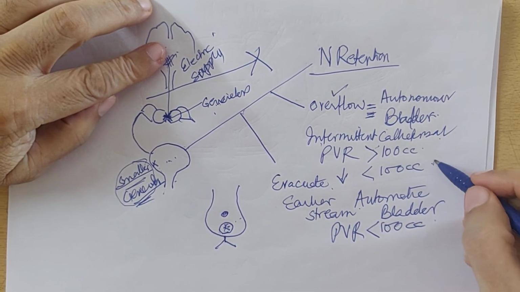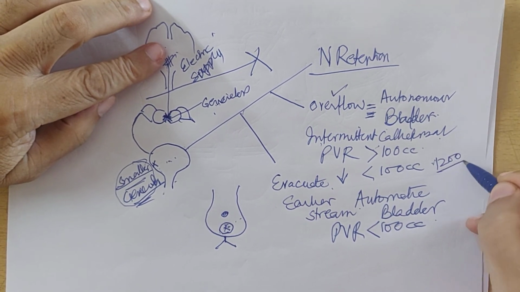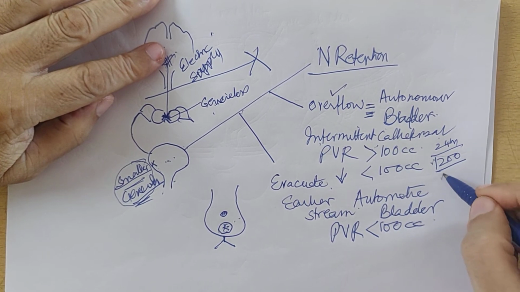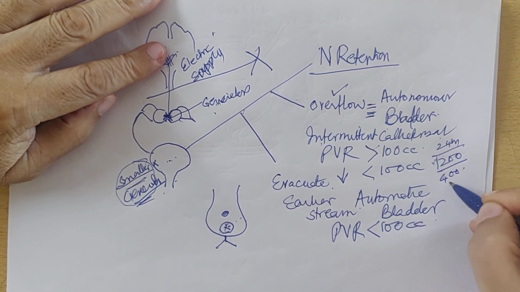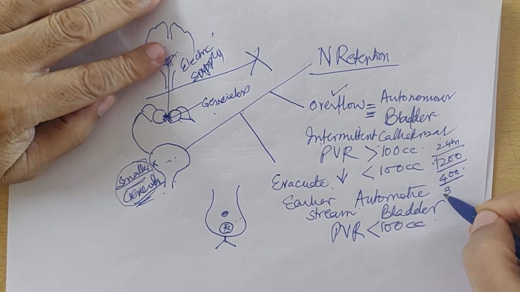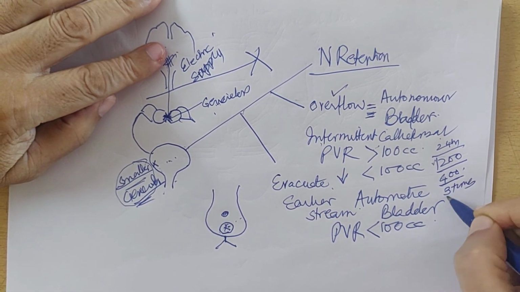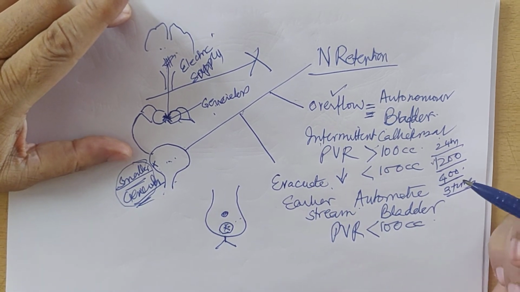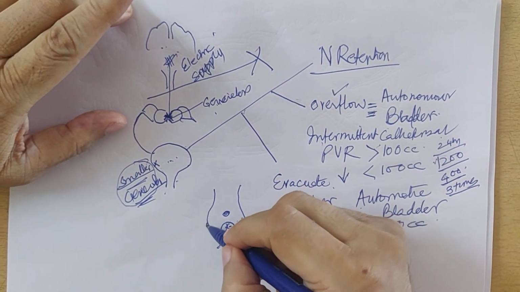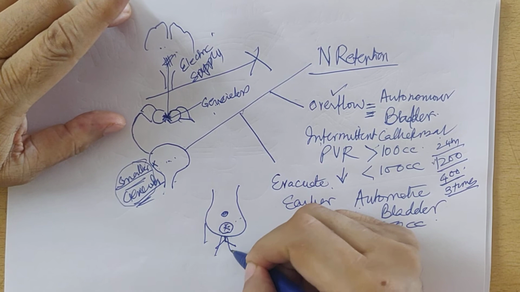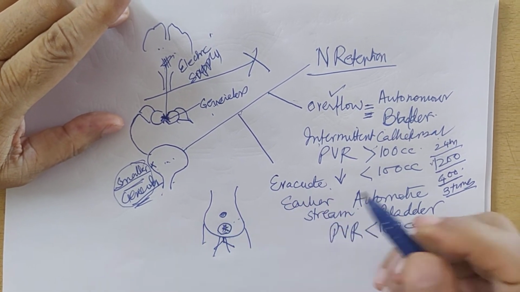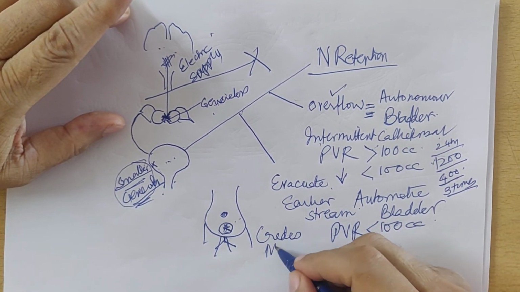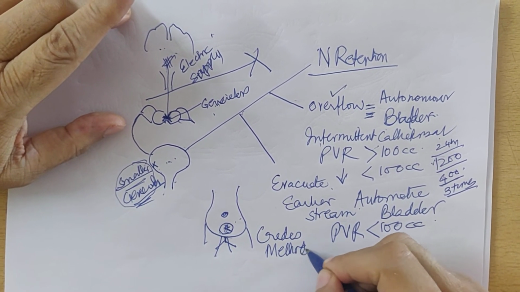So if the total output is 1200 cc in 24 hours, then you want the bladder to expand to 400 cc. So 3 times you will be able to evacuate the bladder. So this is the place that you press, and this is known as Credé's method of evacuation.